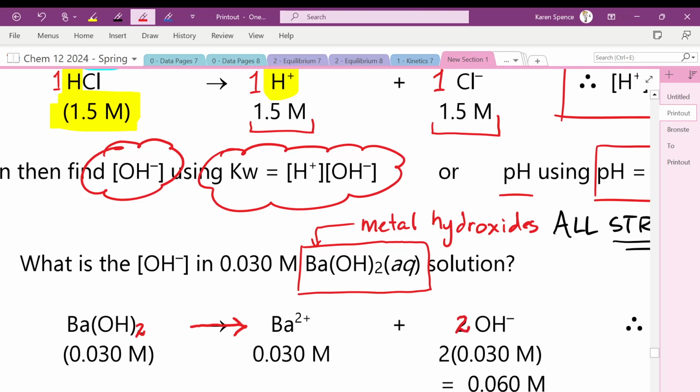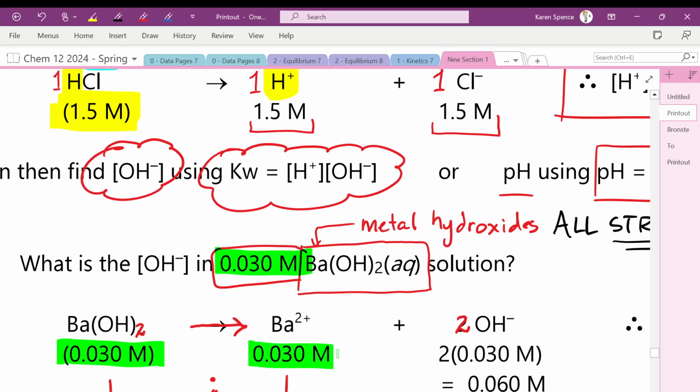So when we write our concentrations underneath, 0.030 molar is the concentration of the barium hydroxide. Barium, it's a 1-to-1 ratio. So we get 0.03 molar.